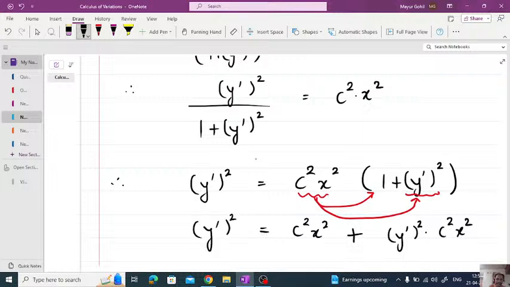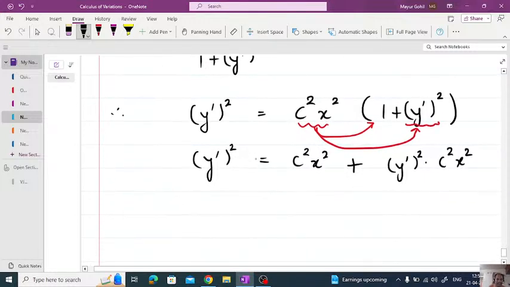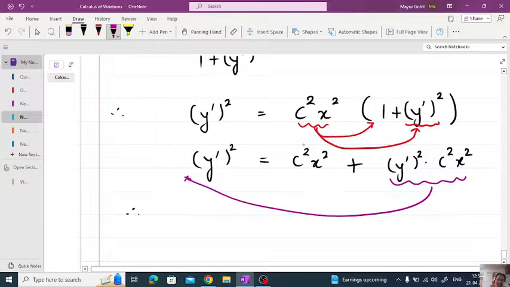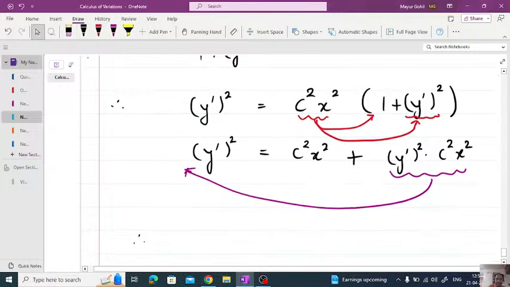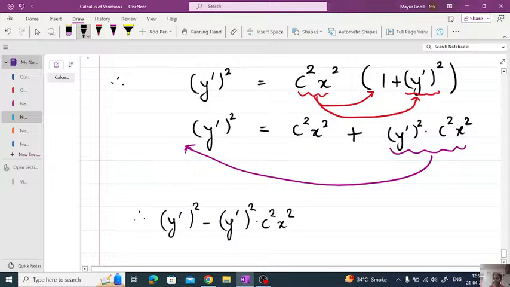So y dash square. Now you take this full term to the other side. So what do you get? Let us see. Here you will have y dash square minus y dash square into c square x square, which equals c square x square.